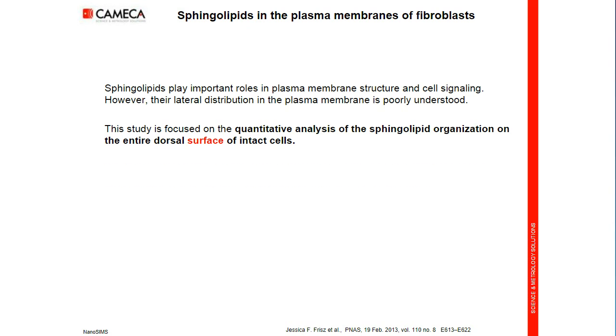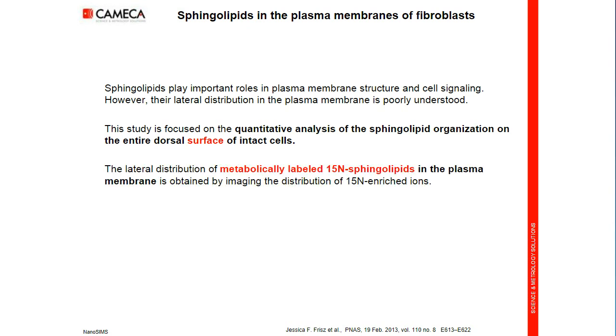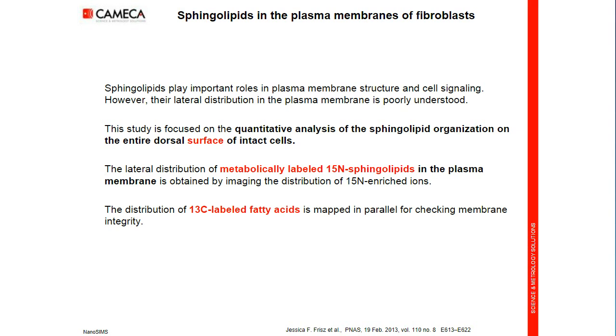The lateral distribution of metabolically labeled nitrogen-15 sphingolipids in the plasma membrane is obtained by imaging the distribution of nitrogen-15 enriched ion, and the distribution of carbon-13 labeled fatty acid is mapped in parallel for checking membrane integrity.